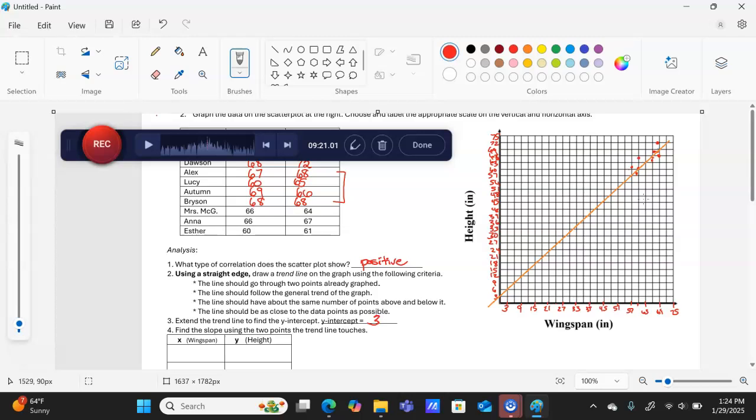And actually, truthfully, I think this trend line is maybe a little bit off because you can see here above the line, there's a bigger gap between the points than below the line. So I think maybe I should have shifted it up a little bit higher. So let me see if I can do that.